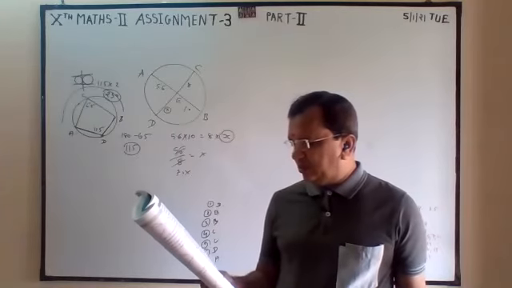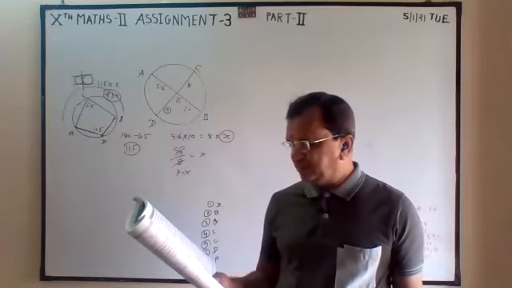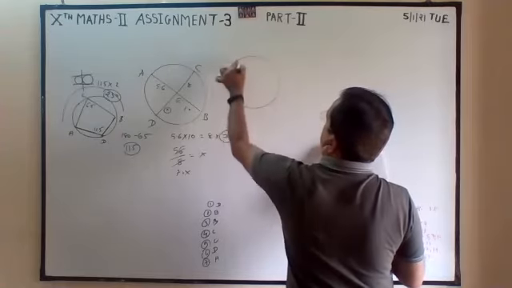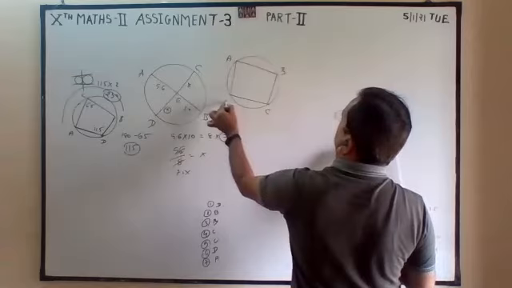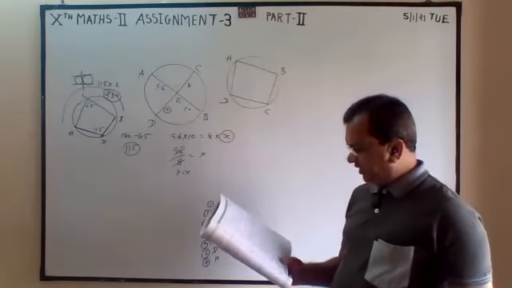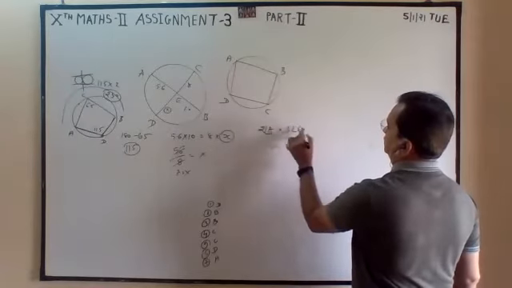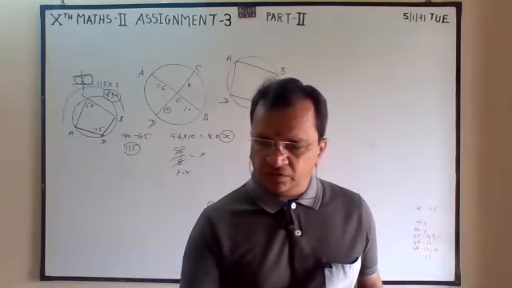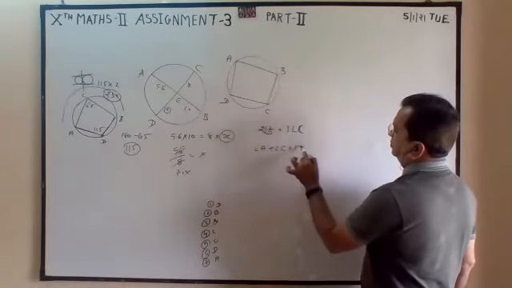In a cyclic quadrilateral, twice of A is thrice of C. Find the measurement of C. Twice of A is thrice of C. This is cyclic, so angle A plus angle C is equal to 180.